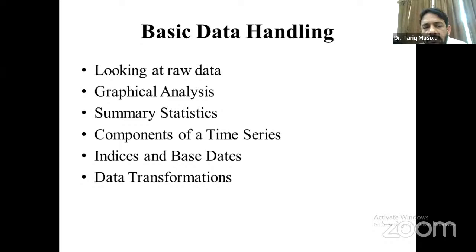The value may have a particular index, so you must look at those. Data transformation, basic data transformation. We have to do some basic data transformation before formal analysis, like logarithmic transformation or any other transformation.